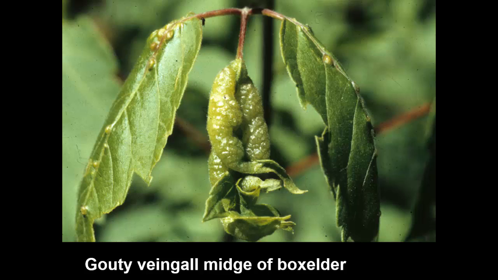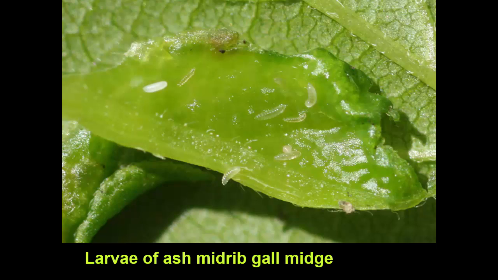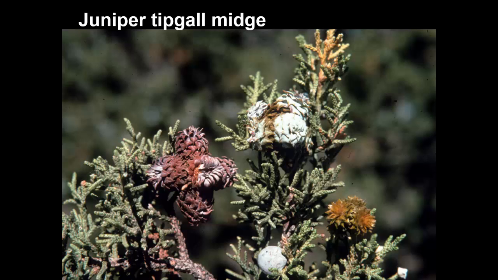So much more obvious than the honey locust podgall midge. Another one less commonly seen around here, but also occurs, would be on the leaflets of some kinds of ash, the ash midrib gall midge. So you see little gall midge larvae within this folded swelling of an ash leaf.